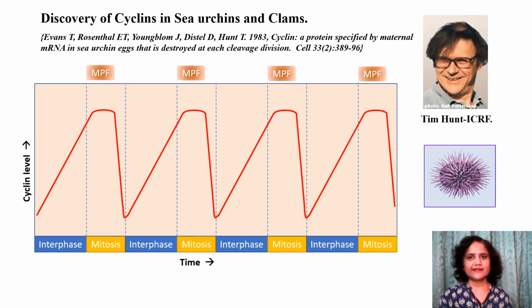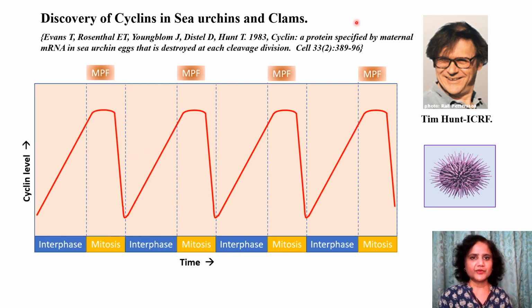In this case, the sea urchin eggs were fertilized and radioactive methionine was added after fertilization, and then samples were taken at intervals of 10 minutes or so, and the proteins present in these samples were analyzed by gel electrophoresis. A protein whose level gradually built up but was rapidly degraded when cells divided was observed.